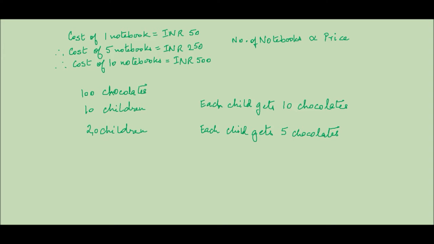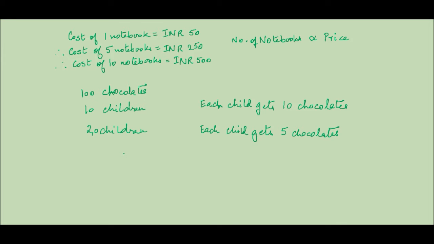When one of the two parameters increases, the other one decreases proportionally. If the first one increases, the second one will decrease, and vice versa. So this is a case of inverse variation. One is increasing, other is decreasing.